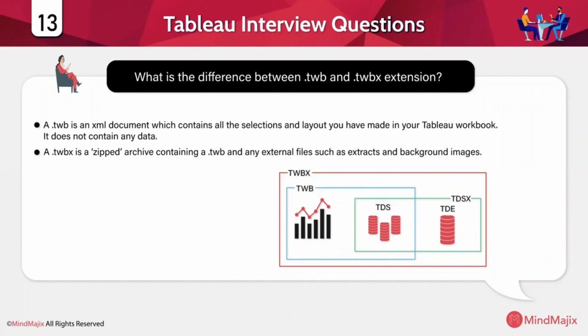It does not contain any data; it's just a type of extension that provides the Tableau workbook or worksheet. A TWBX is a zip archive containing a TWB and any external files such as extracts and background images.